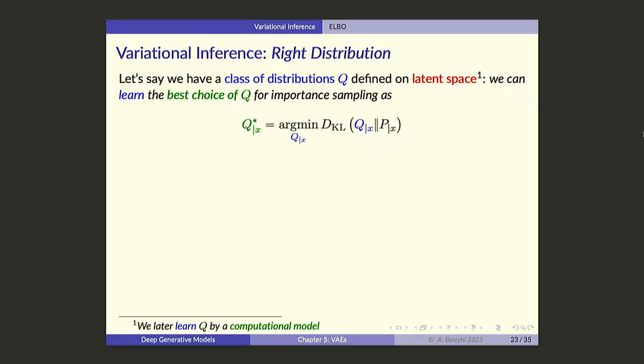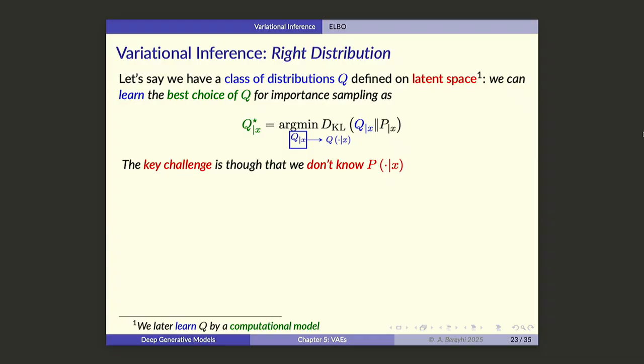Here I am putting this notation, so given x, just to make the whole thing compact. But I guess you understand what I mean. This given x means q of z given x. I just keep this given, because if I drop it, then p itself is both the distribution of z and p of z given x, and I don't want to confuse you.